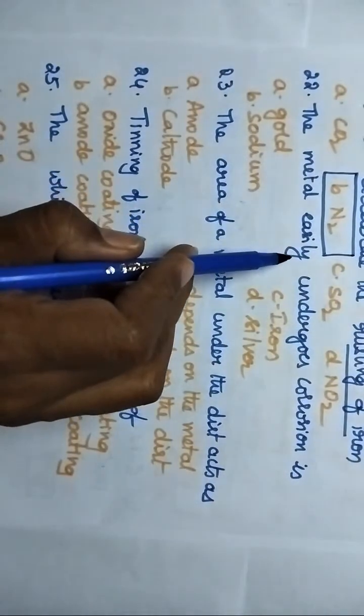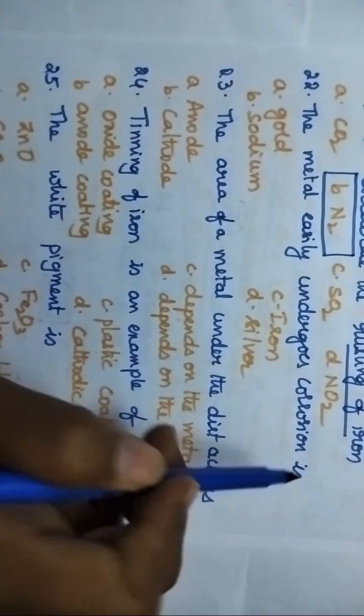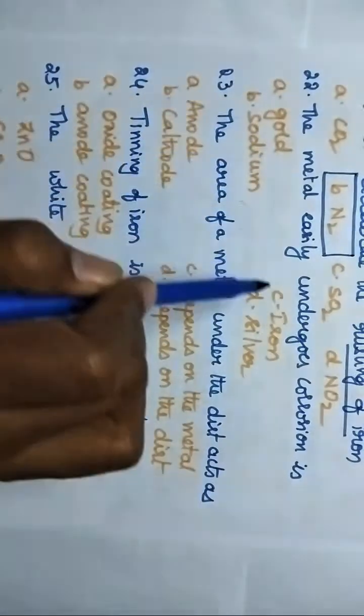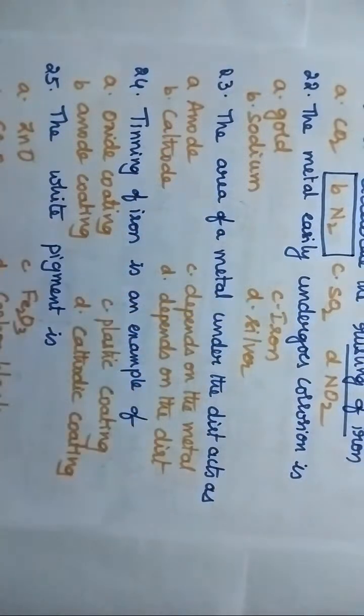The metal easily undergoes corrosion is option A, gold. B, sodium. C, iron. D, silver. Which of the following metal undergoes corrosion more readily? That means you have to identify the position of the metal in electrochemical series.